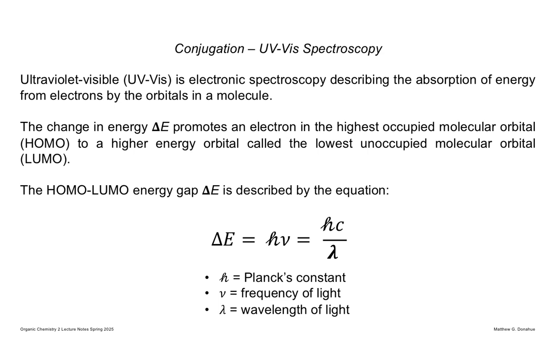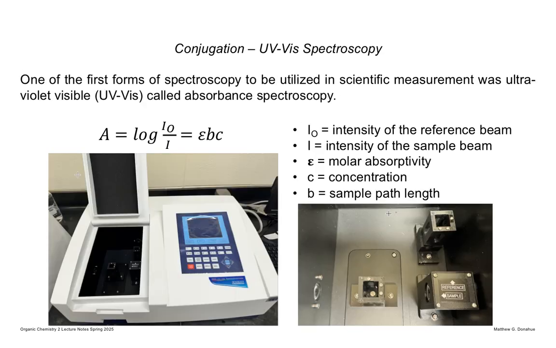So there's some equations. You'll probably apply this more in physics than you will here, but I'm showing it to you. There it is. In terms of the instrument, that's what it looks like. Basically what happens, there's this part right here.